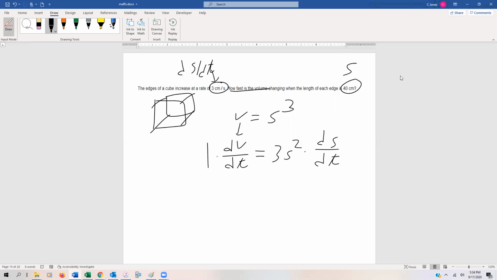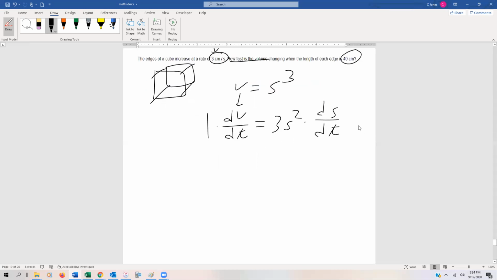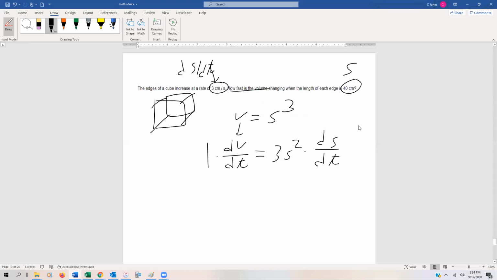We're just going to substitute everything back in, so be careful with this. dV/dt is equal to 3 times 40 centimeters, quantity squared, multiplied by ds/dt, which is 3 centimeters per second.